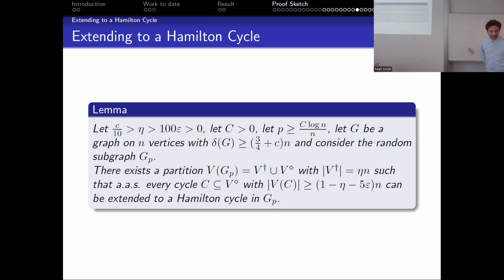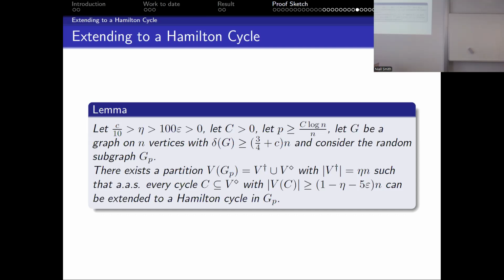These are the technical details of how to finish off the long cycle into a Hamilton cycle. What we're saying is that we can make a partition, where eta is the number of vertices, so that for every long cycle in the V diamond which is long enough, we can extend it to a Hamilton cycle.